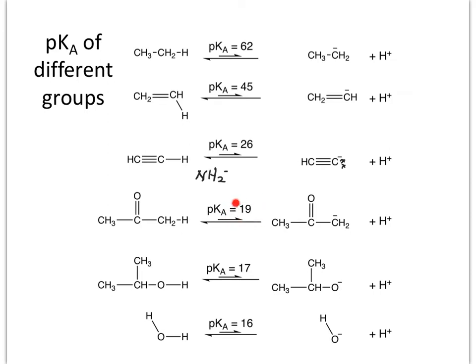And so it's in the range of alcohols and water in terms of its strength as an acid. And so it can be deprotonated to create a carbanion. And then, like other carbanions we've made, that carbanion can be used as a nucleophile. And so that's what we're going to do today.